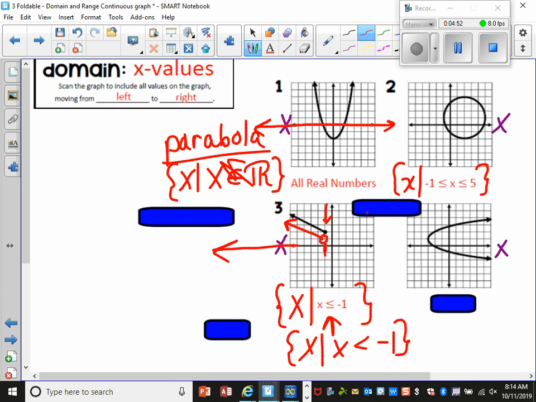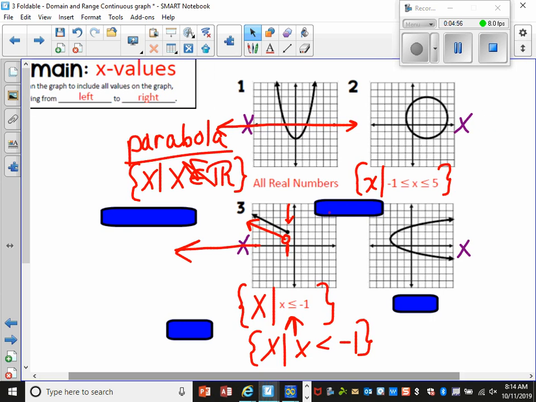All right, let's move on to question number 4. Again, we're only looking at the domains right now, so we're only moving our eyes from left to right. In this case, notice that the x's start back here, and then the x's get bigger as this parabola starts to open.